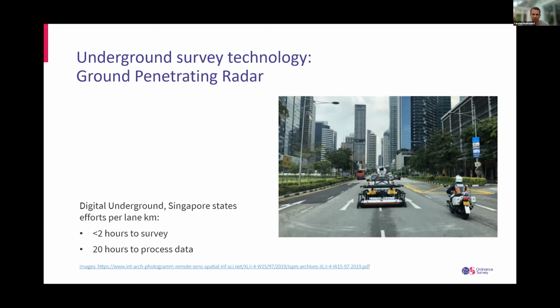Techniques like ground penetrating radar and other underground detection techniques absolutely have their place, and they can be utilized very, very successfully. But at this stage, perhaps not in order to create an underground map of any country or even any city or a part of a city, I think, at this point in time.